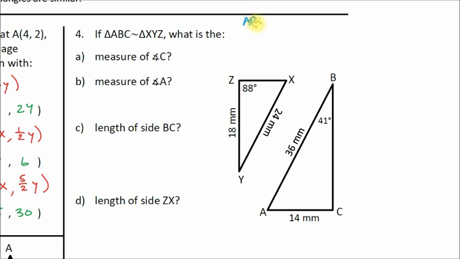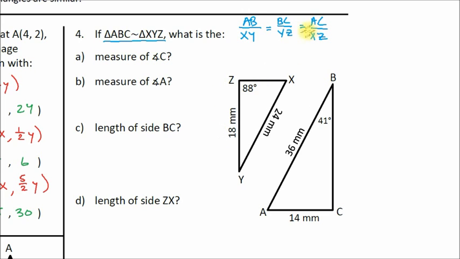I know that this similarity statement means AB corresponds to XY, BC corresponds to YZ, and then my first and third position AC corresponds to XZ.